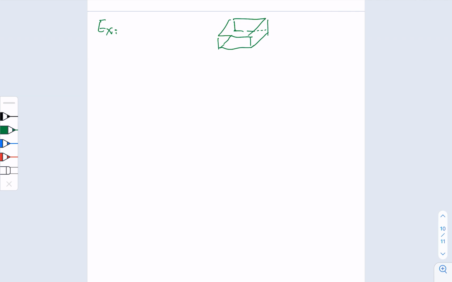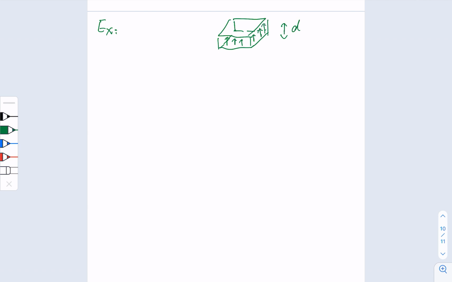So for example, say we are trying to get some polarized materials, a slab of thickness d, and all these materials are constantly polarized.